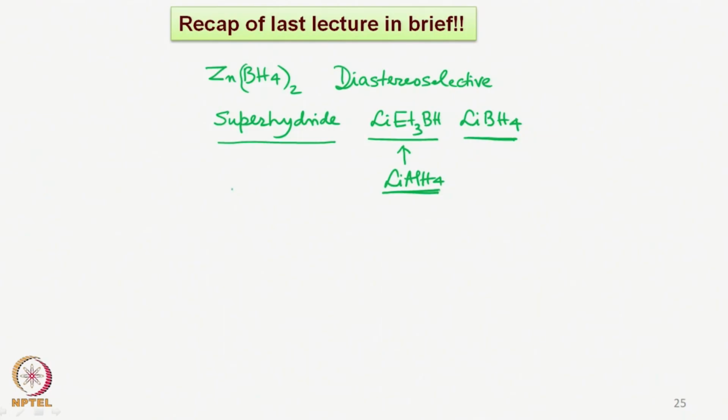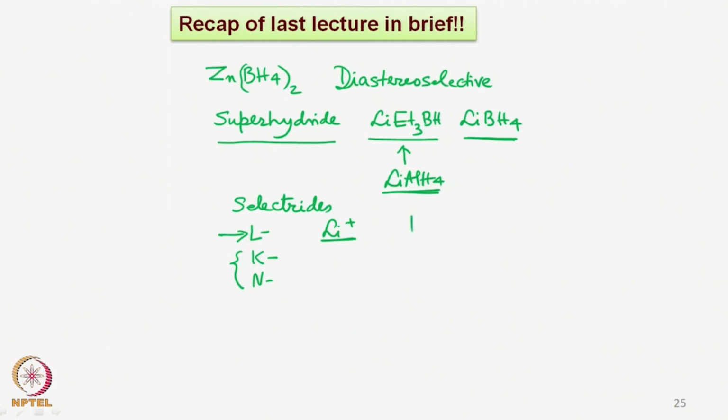And then towards the end we looked at the selectrides, and in the case of selectrides we saw 3 different types: L selectride, K selectride and N selectride. Of course the K and N selectrides are not as popular as L selectride, because lithium is a stronger chelating ion than potassium and sodium.